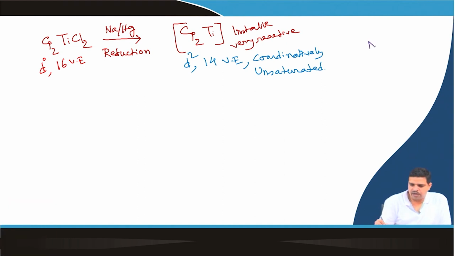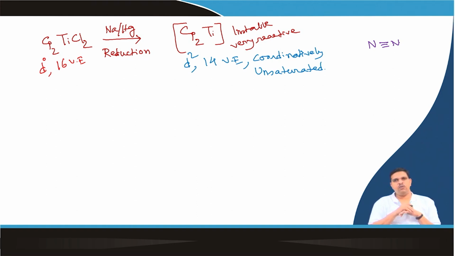Okay, so this is 14 electrons, and you know that dinitrogen is very non-reactive, very stable. The nitrogen bond here is almost 946 kilojoule per mole, so it's a very stable molecule, and it is also non-polar, so it is very difficult to break the N2, and it's quite a challenging process.